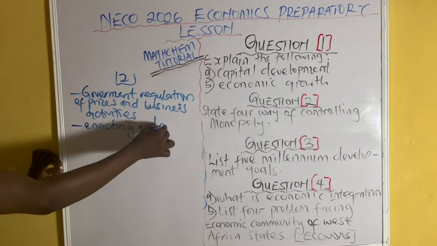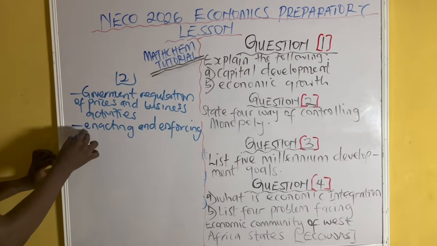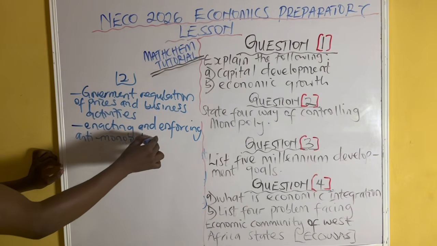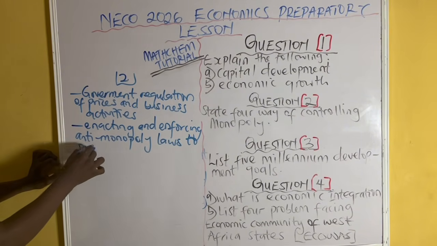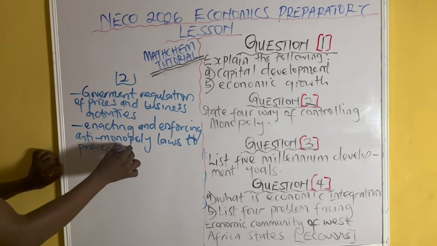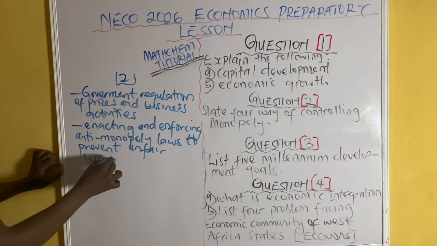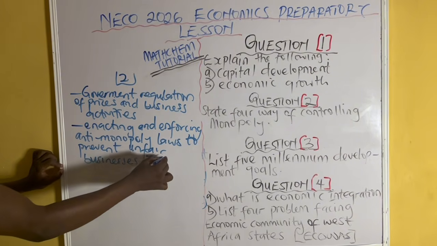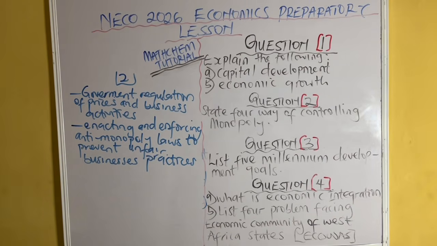That's number 1. So they should be enacting and enforcing anti-monopoly laws, that is, those that will fight against monopoly, to prevent unfair business practice. So when this is done, it's going to control monopoly.